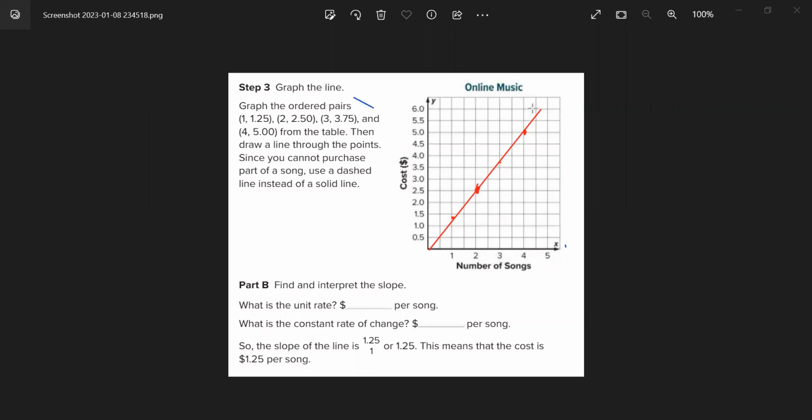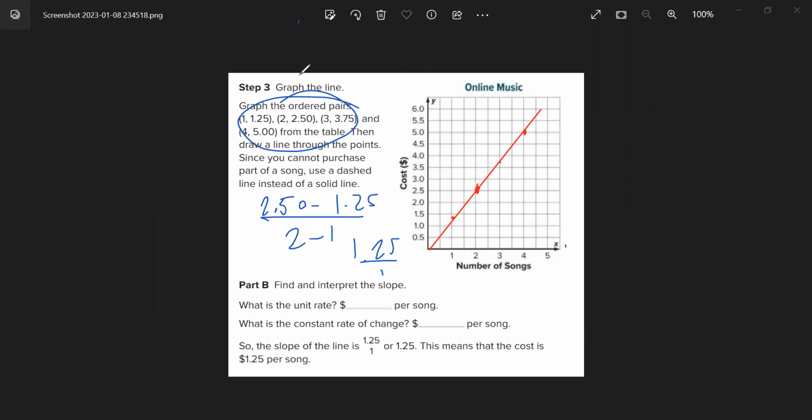So you get 2 points from the ones that we have right here, and do the change. So let's do the first two. 2.50 minus 1.25 divided by 2 minus 1. So it will be 1.25 over 1.